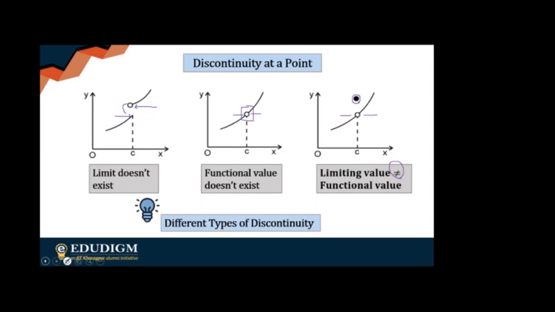I hope this is okay with all of you and you understand where we are picking up from whenever we are talking about a new topic. You know where we have started from. All right. So the first type is removable discontinuity. What are the possible reasons here? Suppose we have a function which is discontinuous at a particular point. Whenever it's called removable discontinuity, what happens?